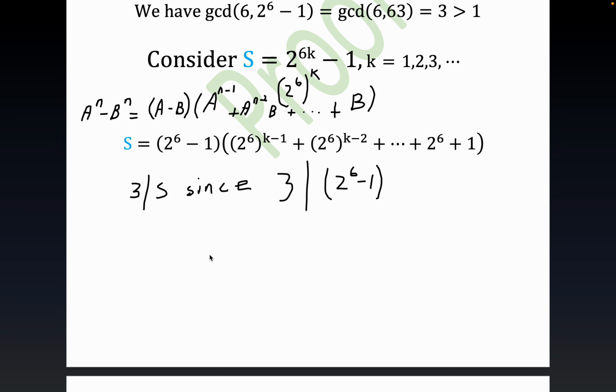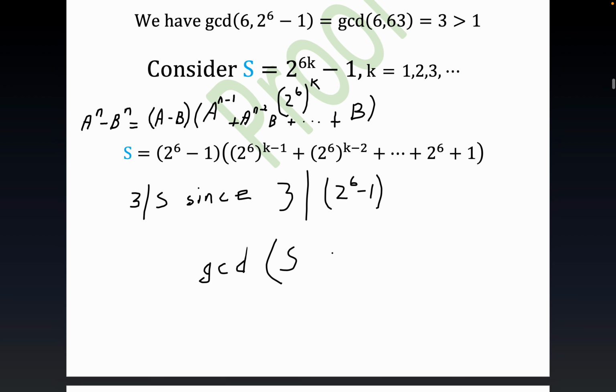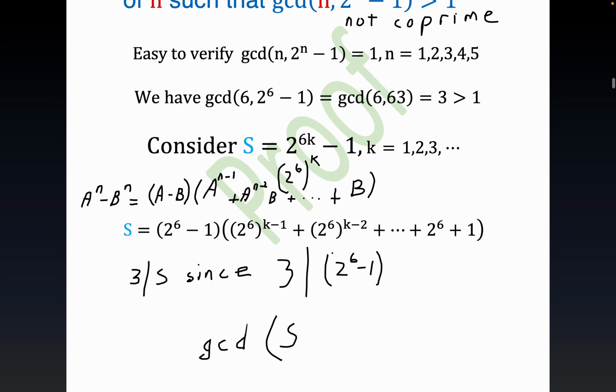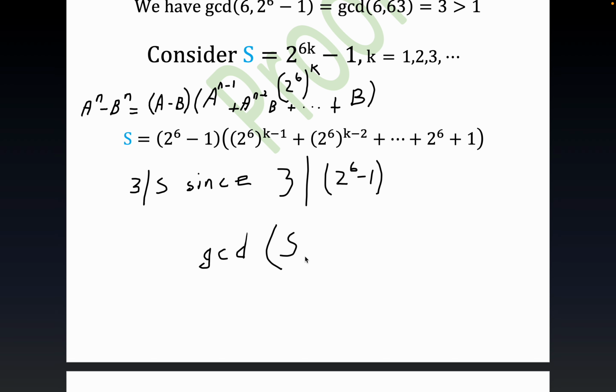The GCD of s and n, I wrote it backwards, is greater than or equal to 3, because it may be bigger for some of them.